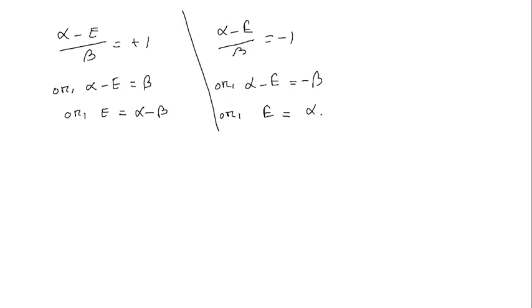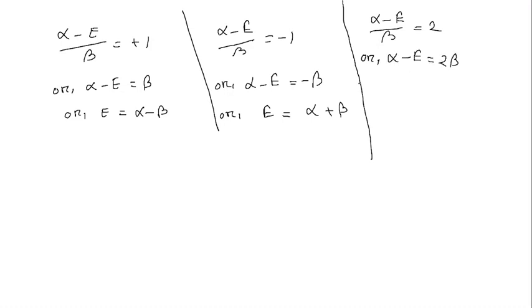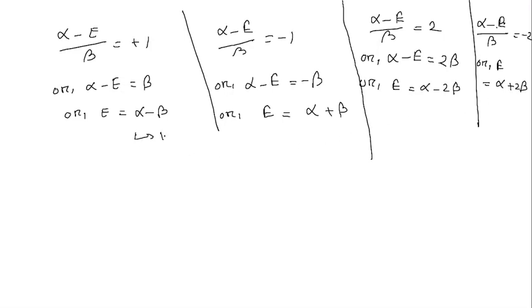Another energy level value is alpha plus beta. These are the three energy level values.